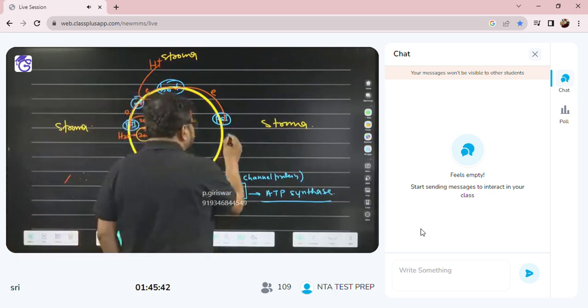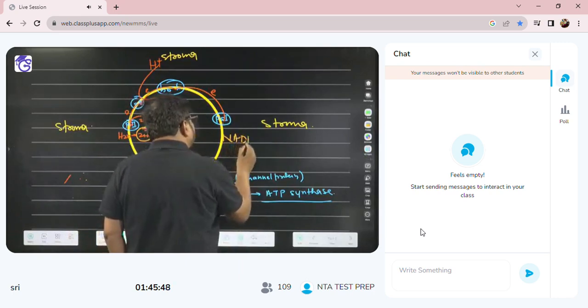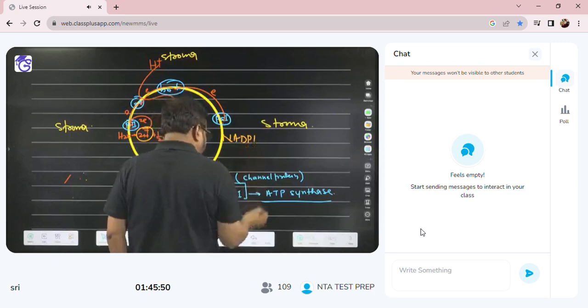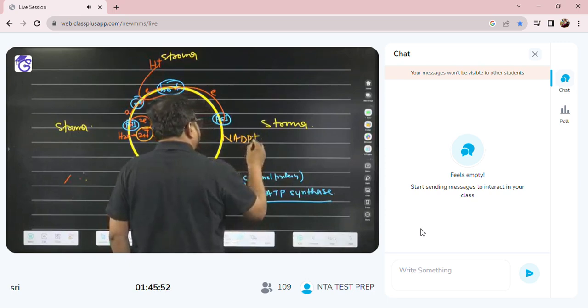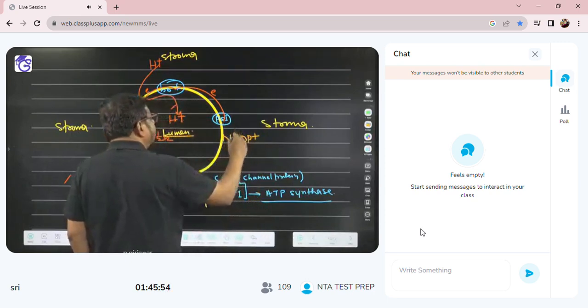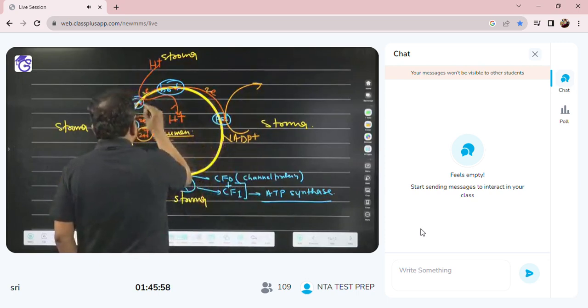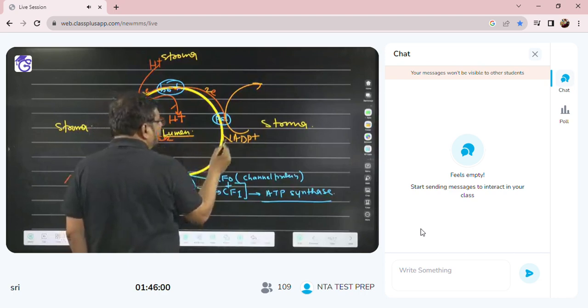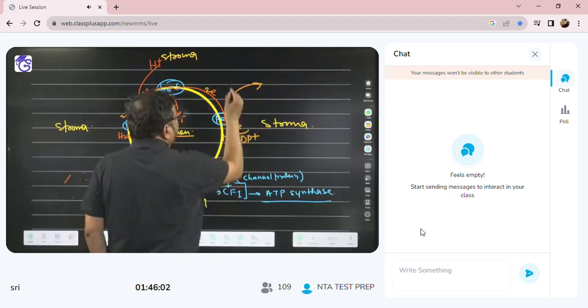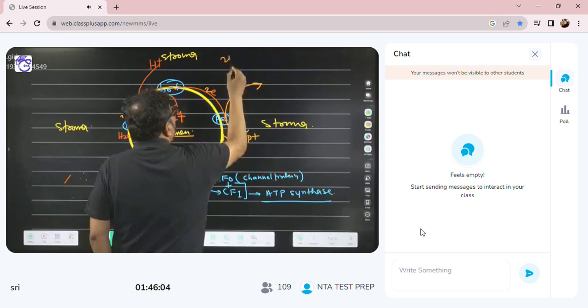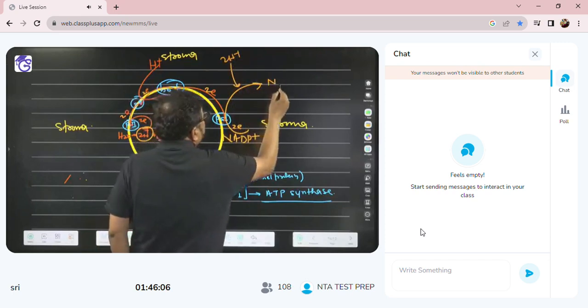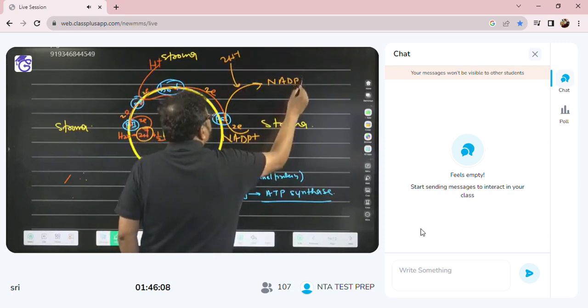And try to understand, NADP reductase is present toward the stroma side of the membrane, and NADP plus is present toward the stroma side of the membrane. It is taking electron from where? PS1, and proton from where? Stroma, and converting into NADPH.